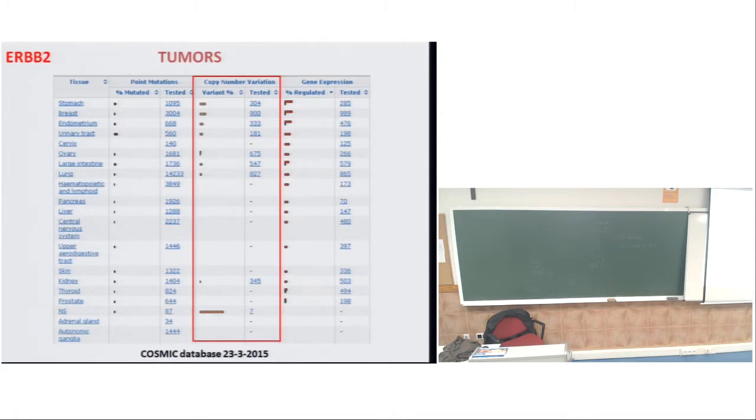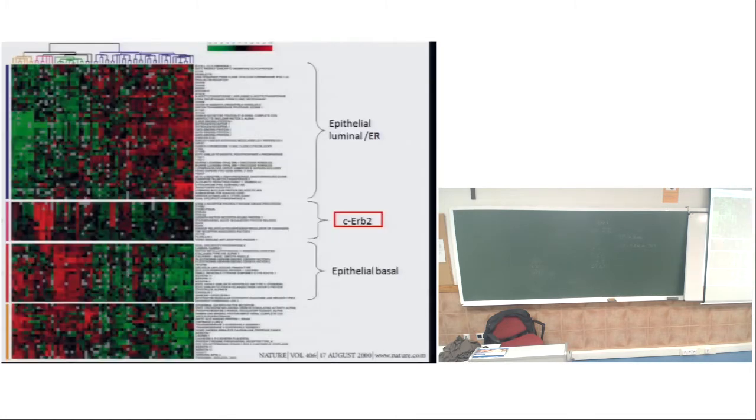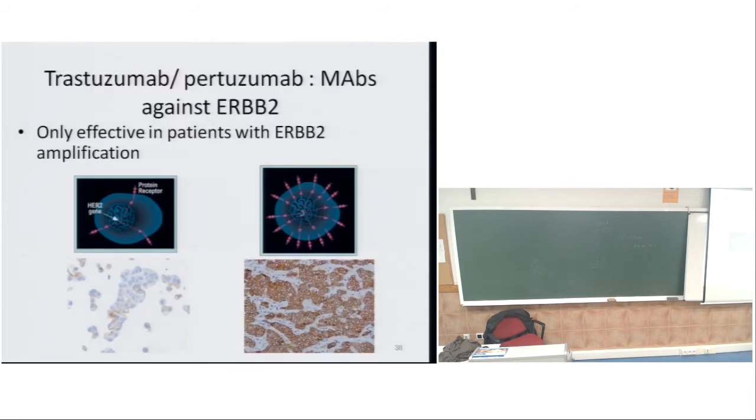And here you can see that the main alteration is copy number variation. It amplifies, especially in breast cancer, and it defines a subtype of breast carcinoma with a specific molecular signature. And the good thing is that it can be detected by immunohistochemistry.